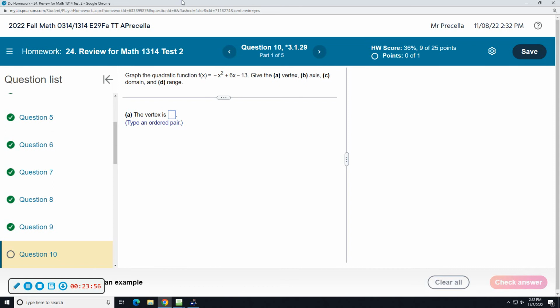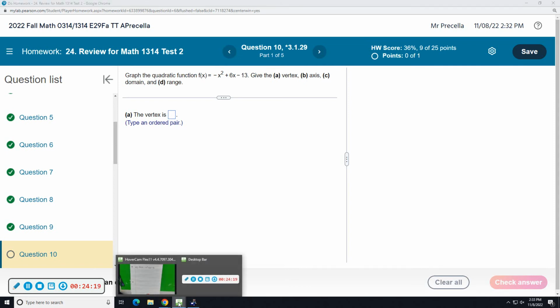The function we want to graph is f of x equals negative x squared plus 6x minus 13. And they want us to find the vertex, axis, domain, and range in addition to drawing the graph. Switching over to my paper.